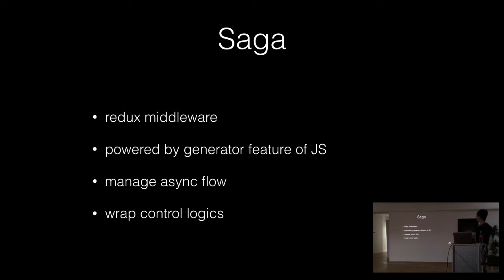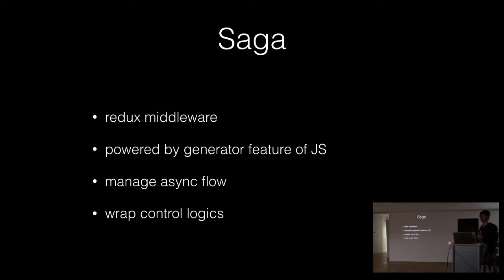And then this is a Saga. Saga is a Redux Saga. Saga is something we found really valuable for us, and I would also suggest anybody who wants to have a production-ready app to check the Saga, because it's really good. It is actually a Redux middleware, which means all the actions, Saga is going to get them, and powered by the generator feature of JavaScript, it manages async workflows.